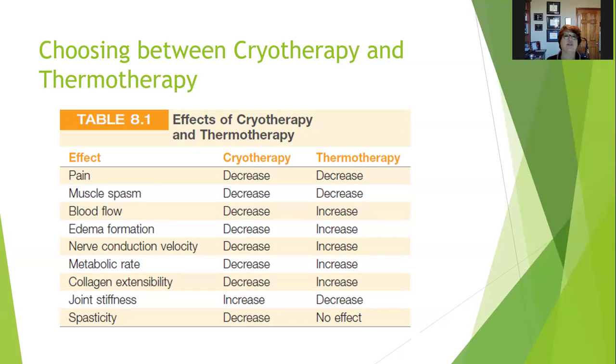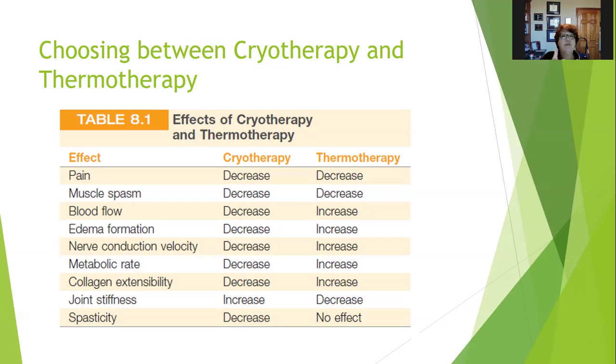Cryotherapy decreases nerve conduction velocity and thermotherapy increases it. So if you're trying to address direct acute nerve pain, then cryotherapy is often your choice. Not always, but it often is.